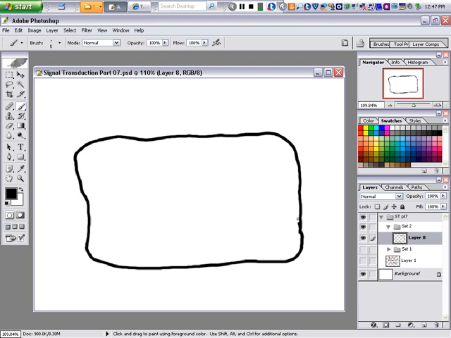Here's a lung cell. Now in this situation, in the lungs, we actually have an acetylcholine receptor. It really doesn't matter what receptor it is. 1, 2, 3, 4, 5, 6, 7.